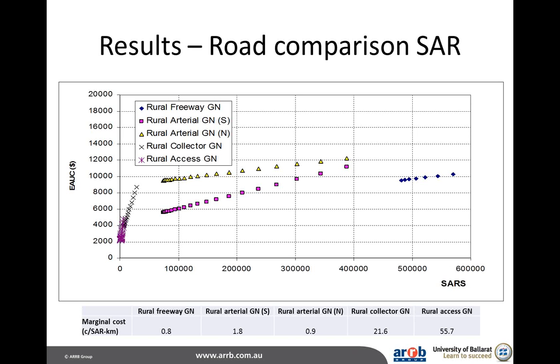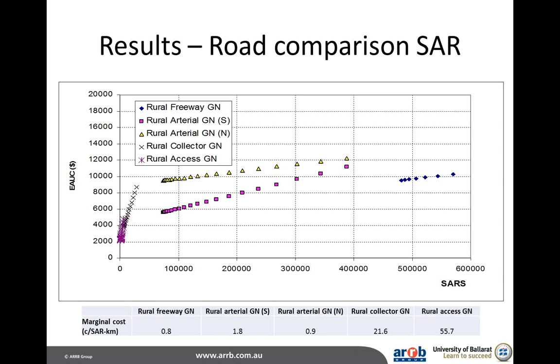Down at the bottom, it's a bit hard to decipher, but these purple ones are a rural access road. And at the top end here in blue, we have a granular freeway. In between, we also have a collector and 2 different arterials. Now, the key thing to note from this is the gradient of each of these lines for each of the roads, as that is what determines the marginal cost.